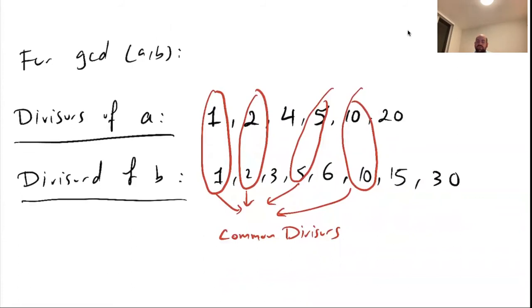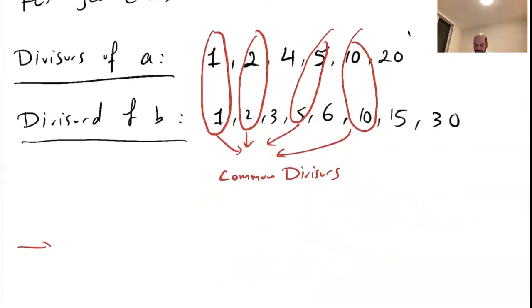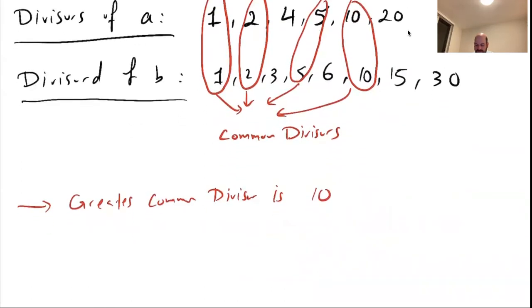And which one is the greatest one? The biggest number is 10. So that means greatest common divisor is 10, right? Between 1, 2, 5, and 10, the greatest one is 10. So that means GCD of 20 and 30 is 10.